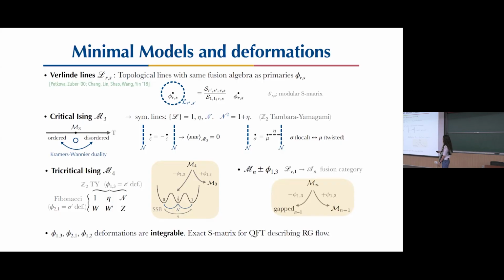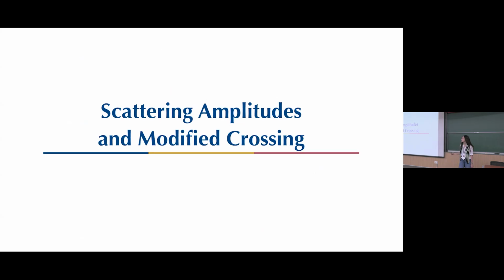Okay, and finally, these three deformations are known to be integrable, which is nice because you can actually write down an exact non-perturbative S matrix for them and do checks with them. So this is for the first part. Now let me go into the scattering amplitudes.